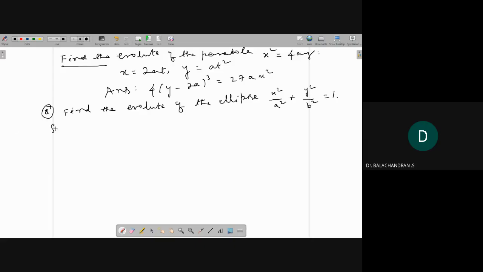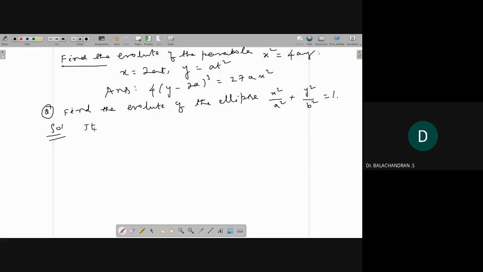Okay, solution. Now, what is the parametric form of the ellipse? x is equal to a cos theta and y equal to b sin theta.